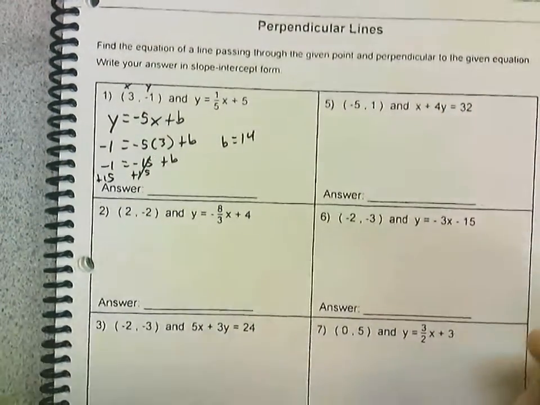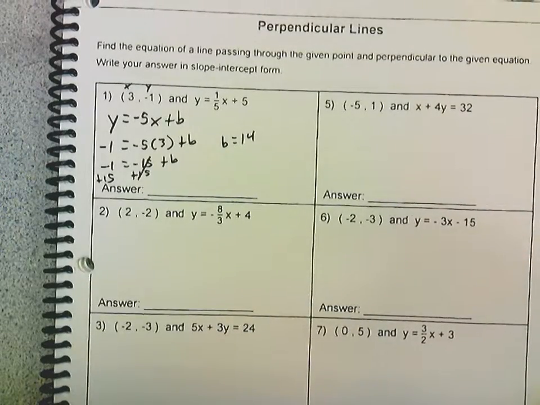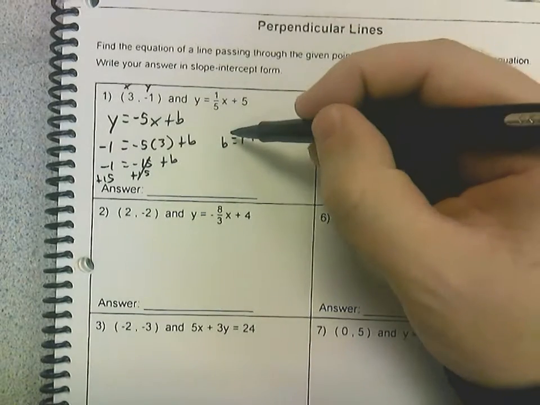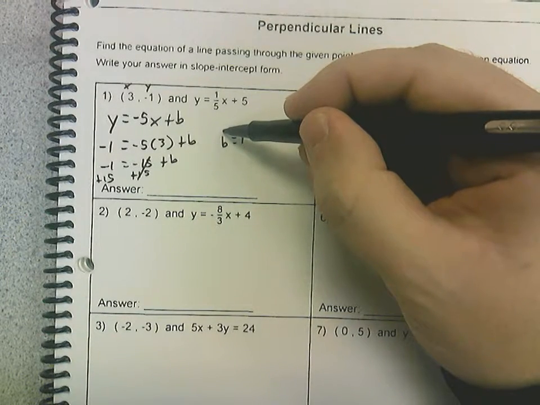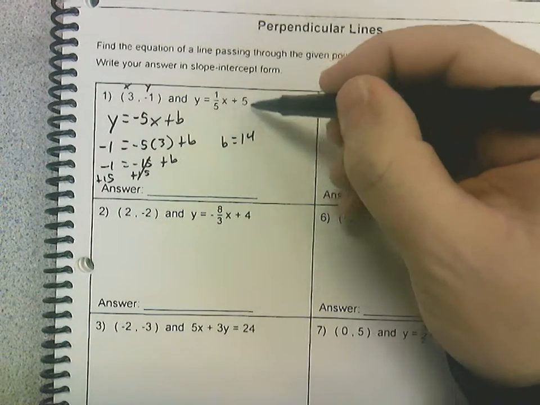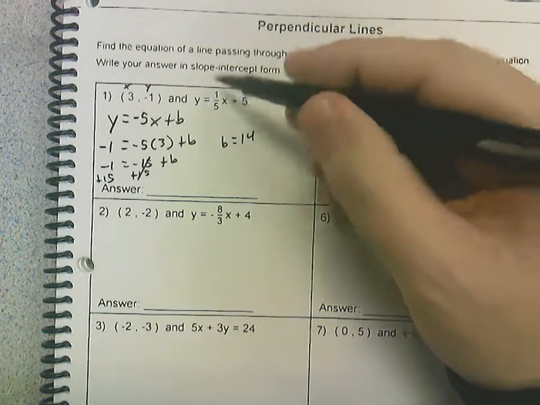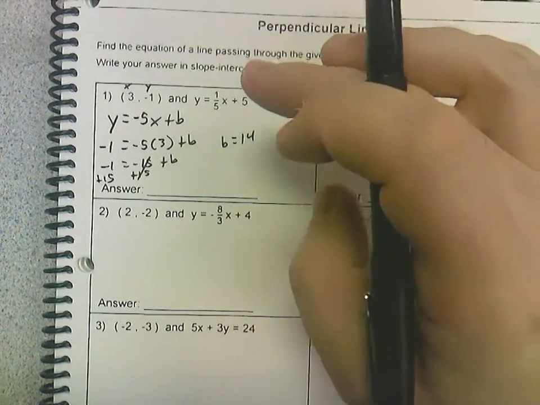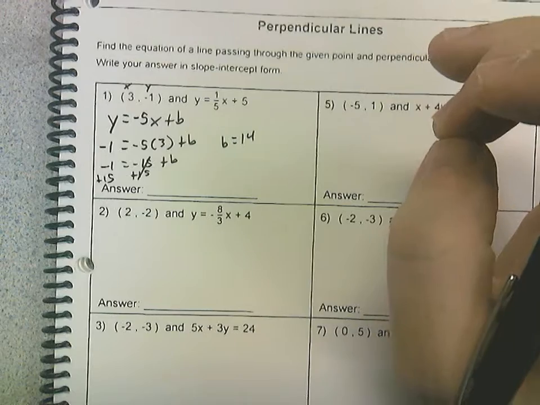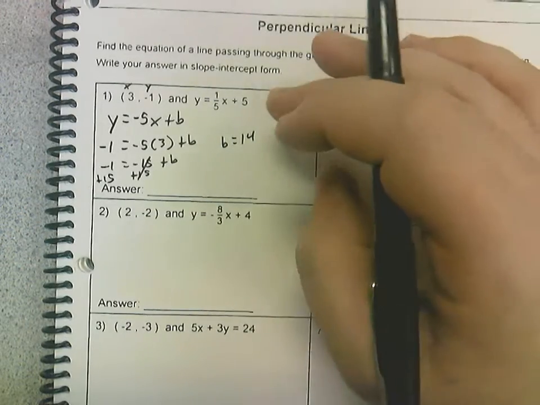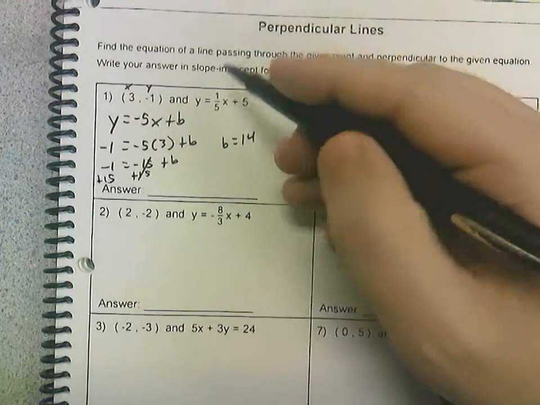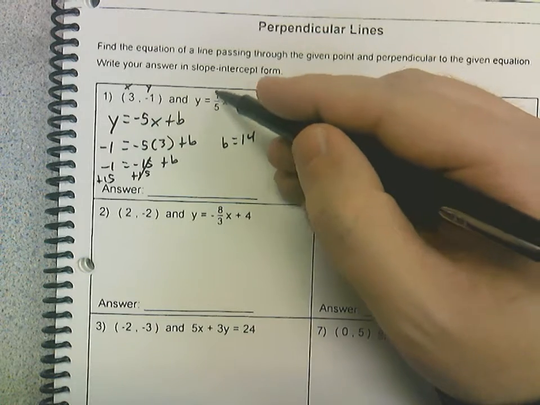Now this is where most students make the mistake with perpendicular line equations. They're going to take this b and replace it with the original y-intercept, but that's not right, because that is the original line, so if I did that, it would be a parallel equation.